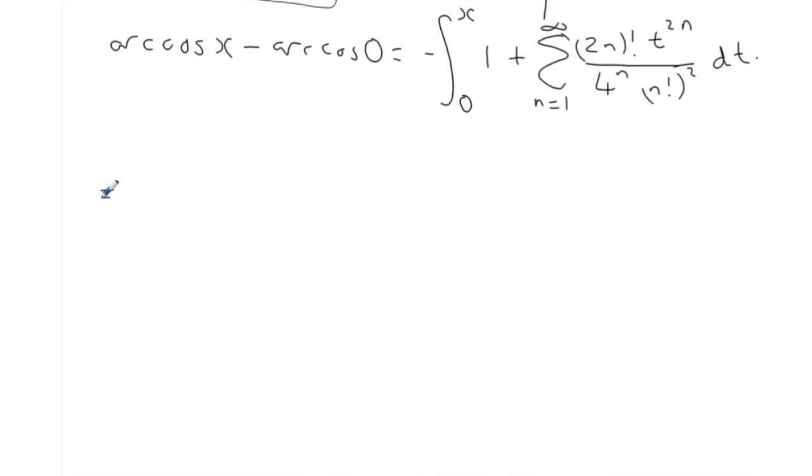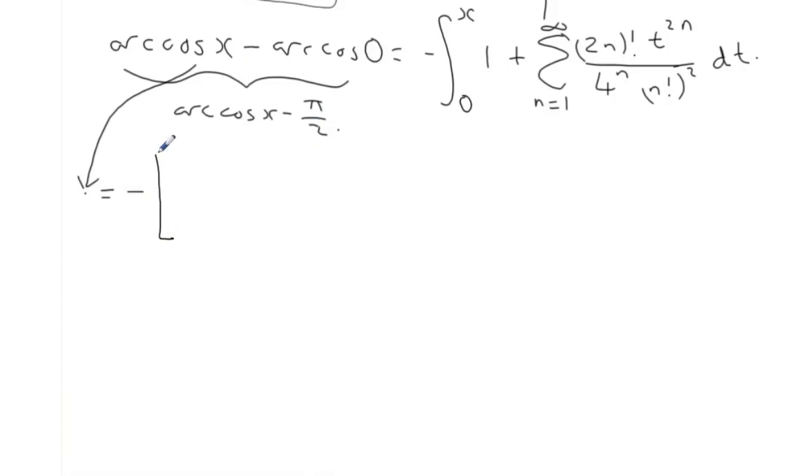So now, just to give myself room, on this left-hand side, it is arc cos x minus arc cos 0, or arc cos x minus pi by 2. Okay, so arc cos x minus pi by 2 equals, so minus the integrand function. So if we integrate this with respect to t, well, the 1 is going to just become t.